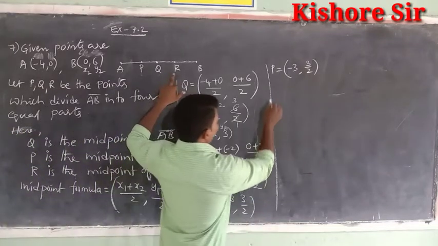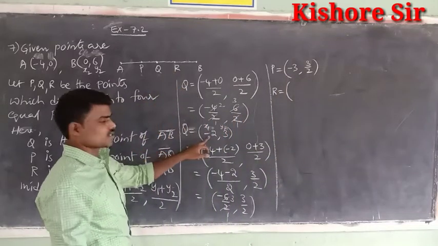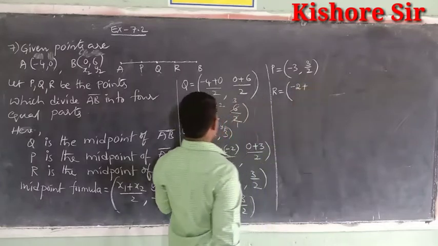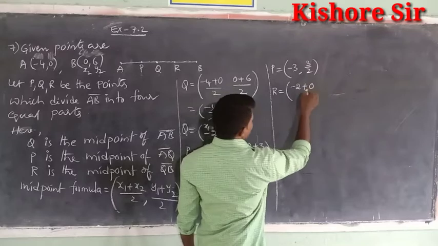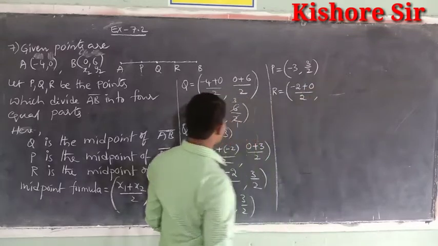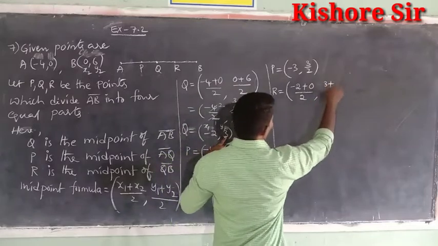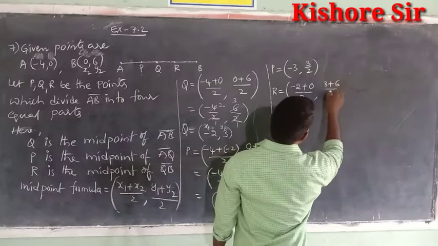The coordinates of point R are x1 minus 2 plus x2 0, minus 2 plus 0 by 2, comma y1 3 plus y2 6, 3 plus 6 by 2.